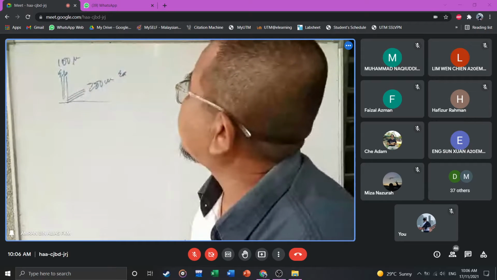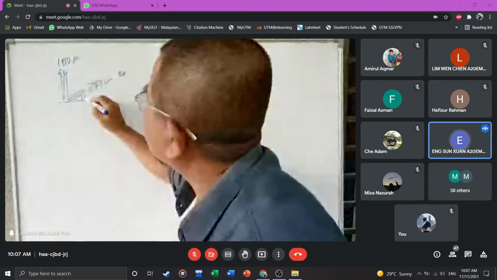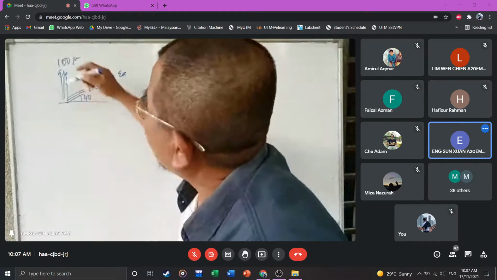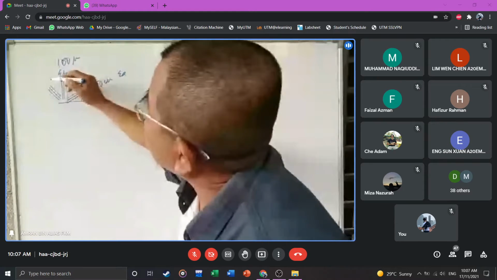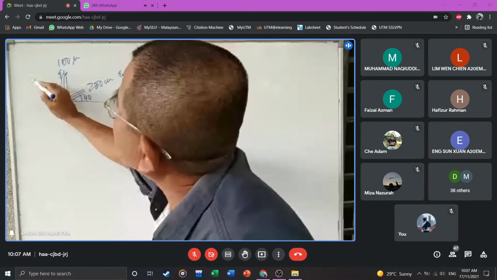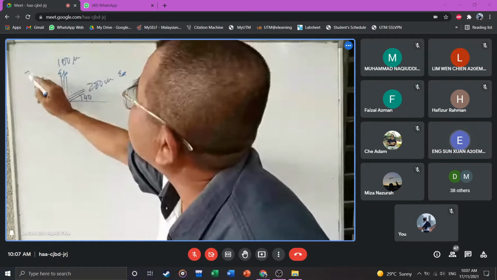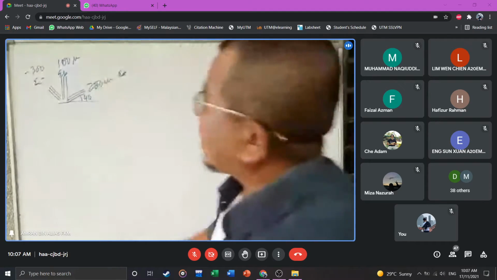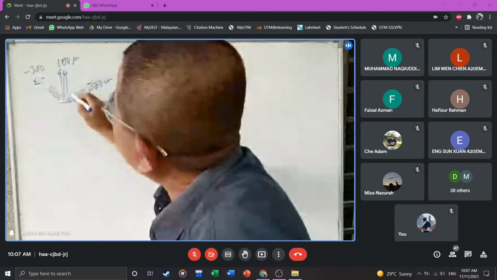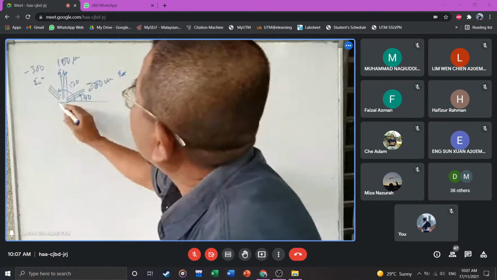EC is at 130 degrees, negative 300 microstrain. So this is 130 degrees here, and this is 40 degrees.